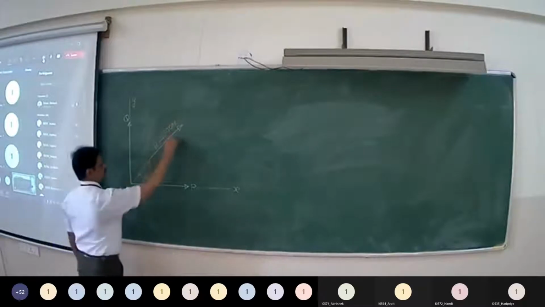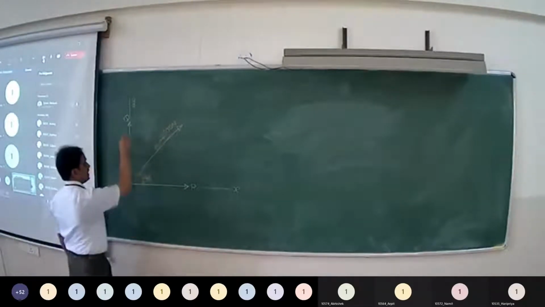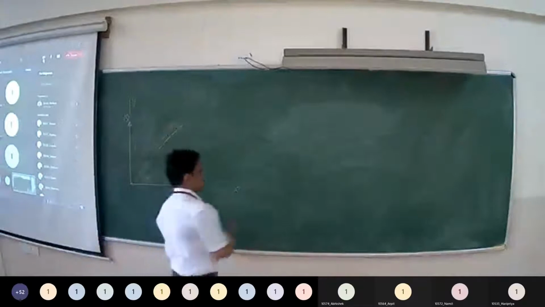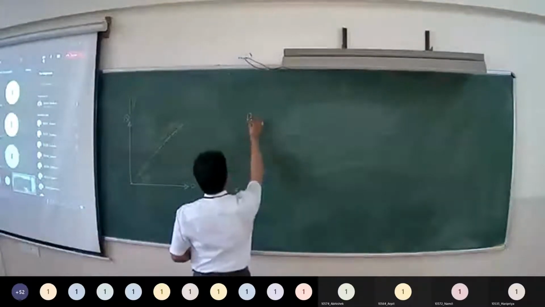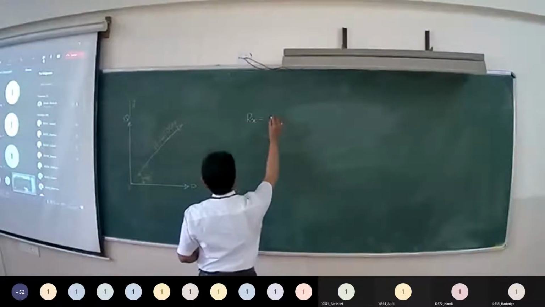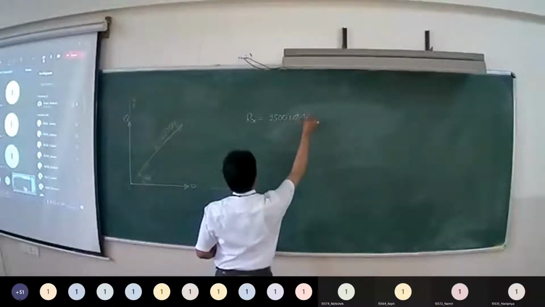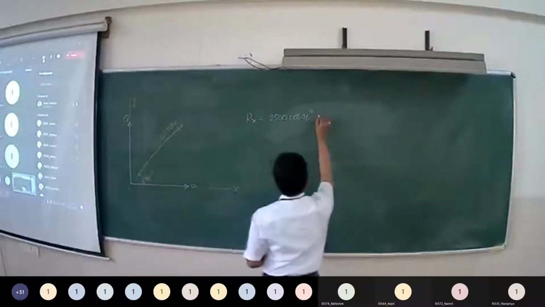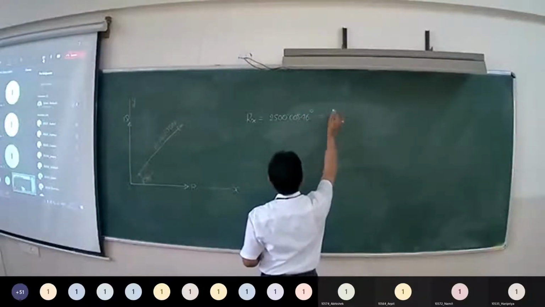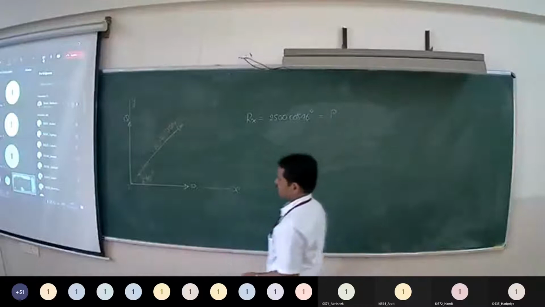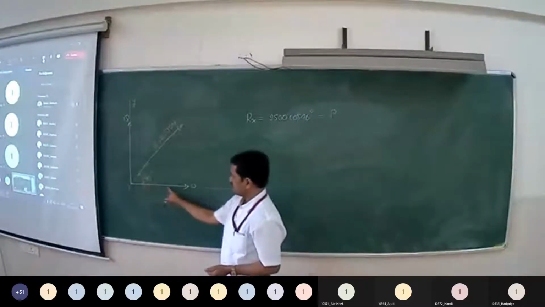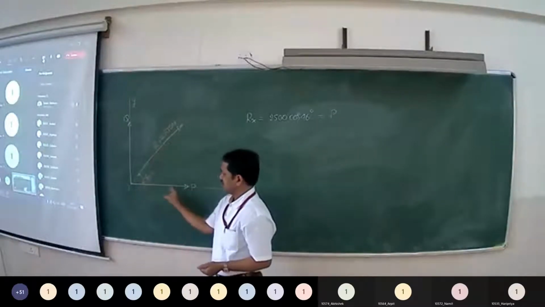Now if you resolve this resultant, the x component of resultant is 2500 cos 46, nothing but force P, right? So force P is nothing but the x component of resultant.